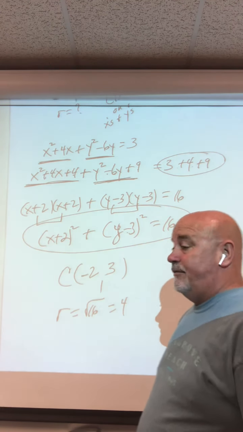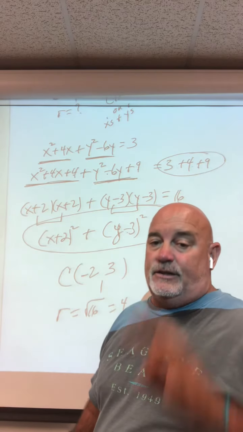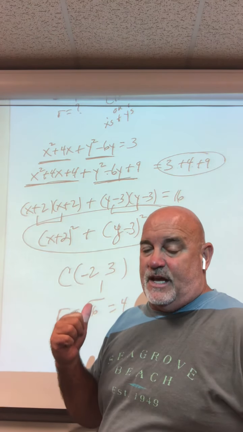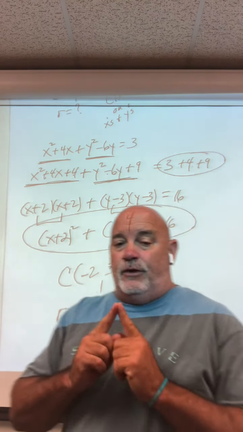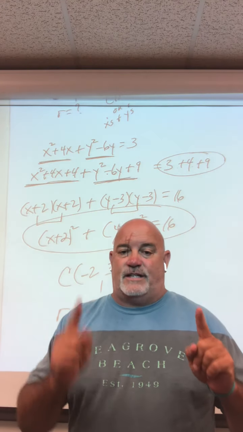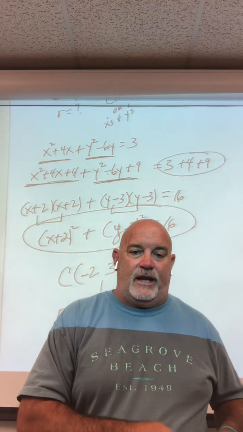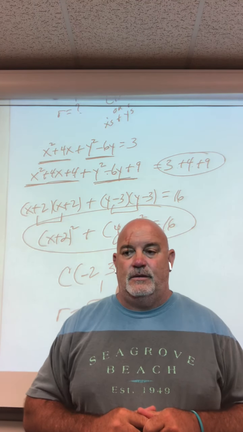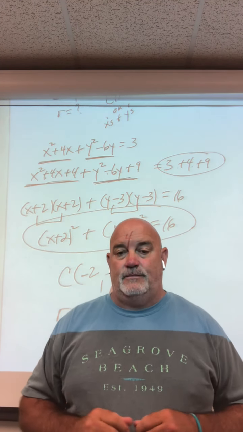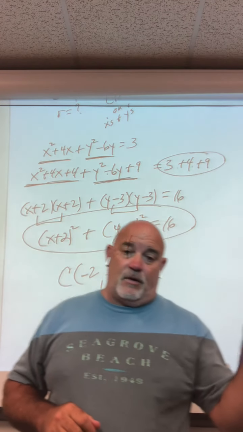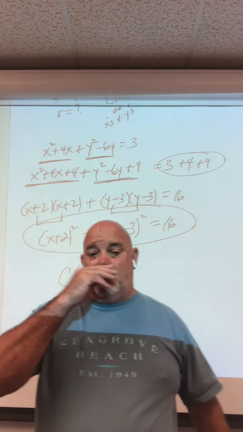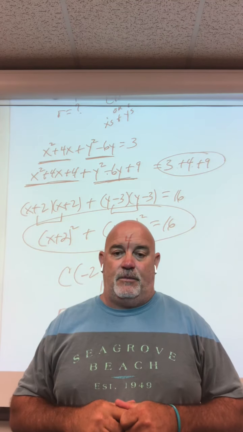So we have done, there's basically 3 things you need to be able to do from this section. If I give you the equation of a circle in center radius form, you ought to be able to get the center and radius just by looking at it and graph it. Plot the center, go to the right, to the left, up and down, whatever your radius is. That's the first thing you need to be able to do.